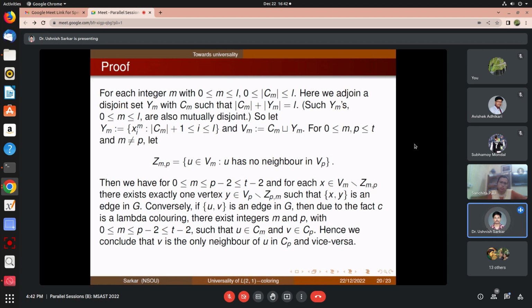The converse is also true: if uv is an edge in G, then since c is a lambda coloring, there exist integers m and p, again separated by a difference of at least 2, with u belonging to C_m and v belonging to C_p, and hence we can conclude that v is the only neighbor of u in C_p and vice versa.